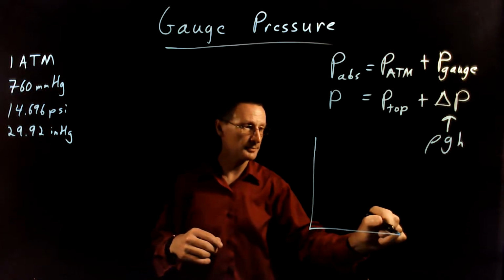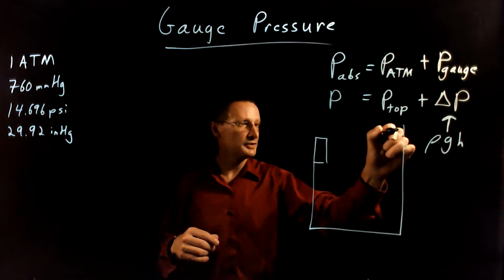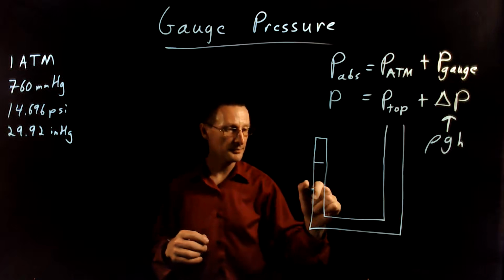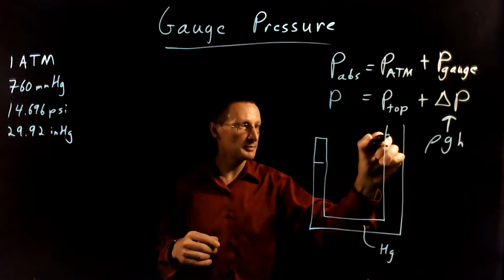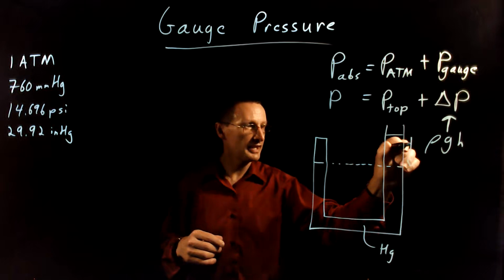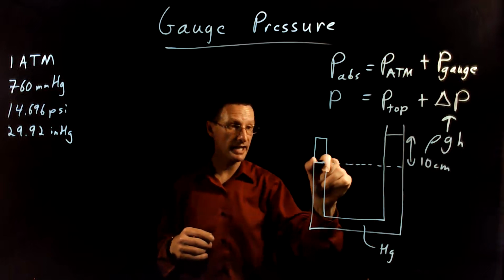Imagine you have a container of gas and you have a tube that you fill with mercury here. So there's mercury inside here, and the mercury goes up to a level that is 10 centimeters above the level of the gas over here.